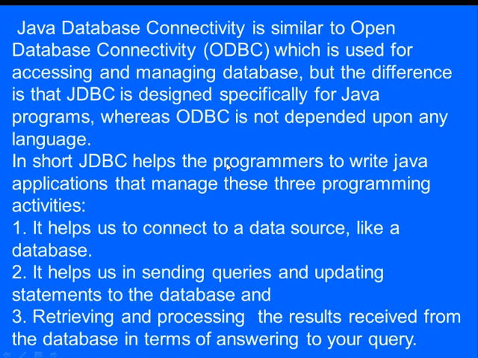In short, JDBC helps programmers to write Java applications that manage these three programming activities. First, it helps us to connect to a data source like a database, where the piece of information is residing. And it helps us in sending queries and updating statements to the database and retrieving and processing the results received from the database in answer to your query.